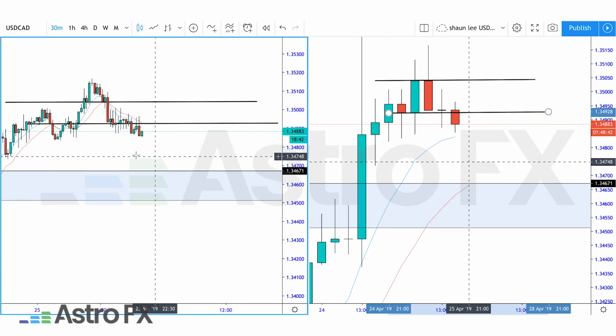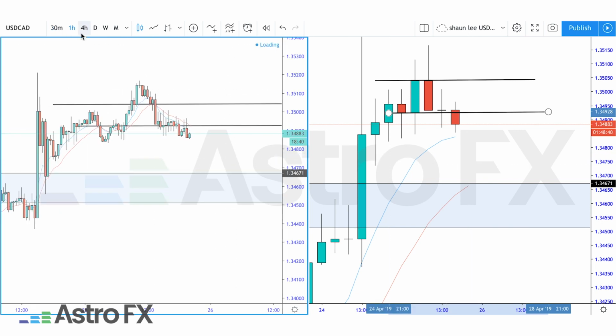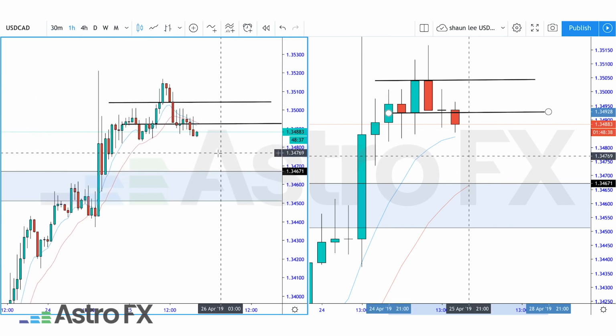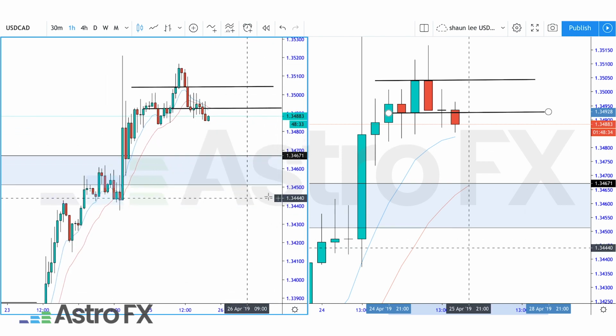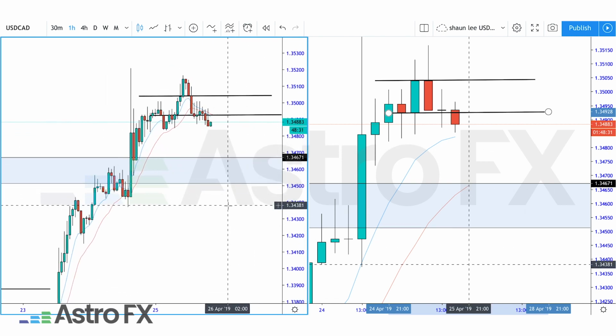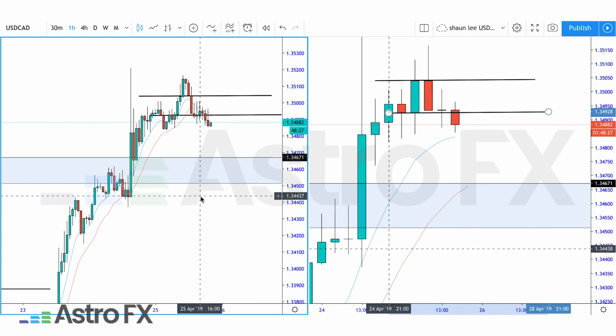Now that's what it's looking like on the hourly. Sorry, that's a 30-minute. The hourly right here, I believe USDCAD can give me maybe around 30 to 40 pips back into the zone, maybe even lower if USDCAD does want to reverse. The risk reward on this trade is pretty decent, and that is why I did take it.